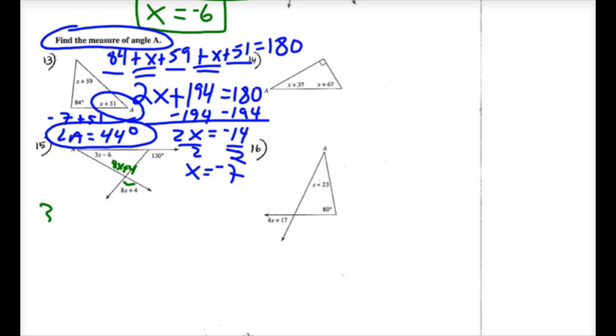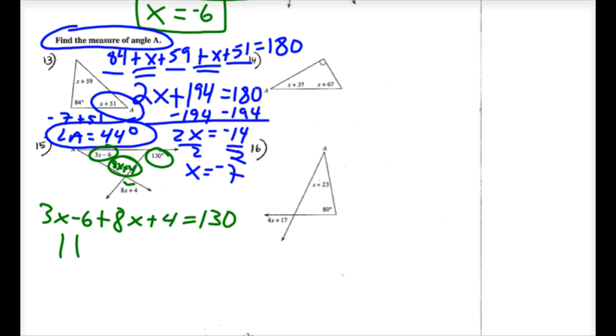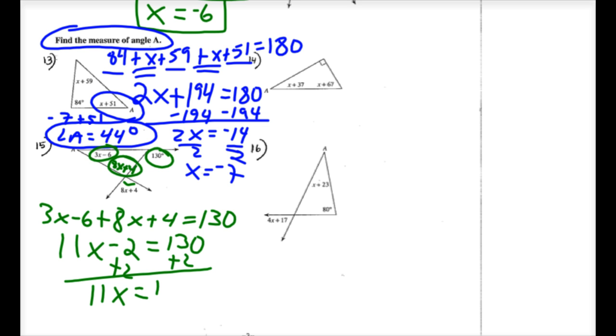So I'm going to go 3x minus 6 plus 8x plus 4. The two remote interior angles added together equal the exterior angle, 130. 130 equals those two added together. Combine your like terms. 11x minus 2 equals 130. Add 2 to both sides.